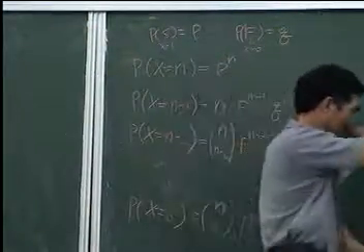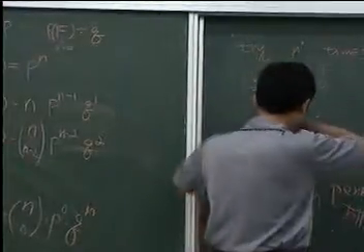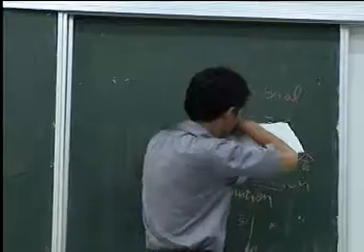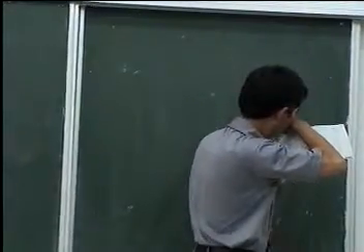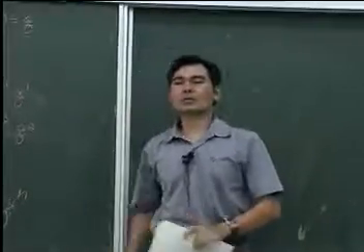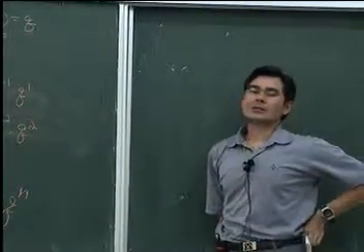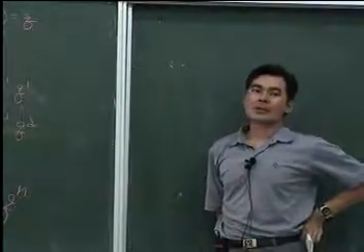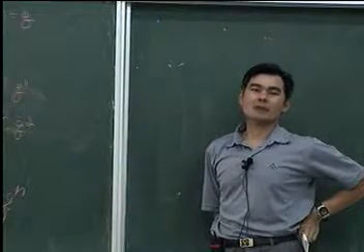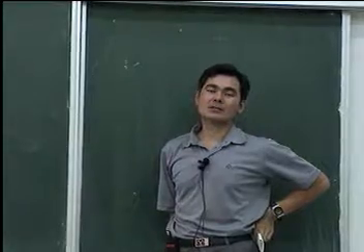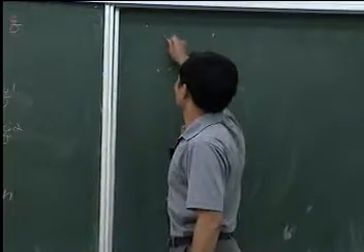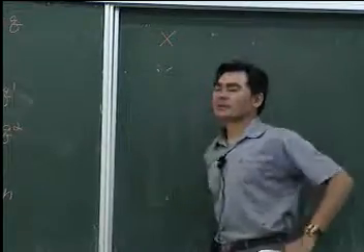In this case, we have a Bernoulli trial, we try n times, then we get a binomial distribution. And in this case, we are interested in the number x.